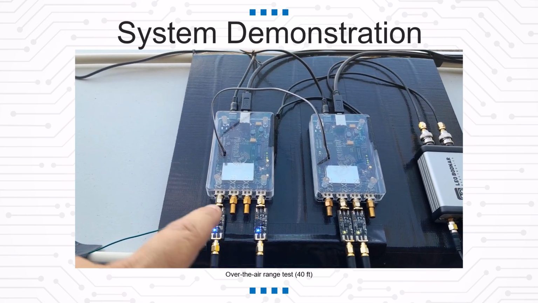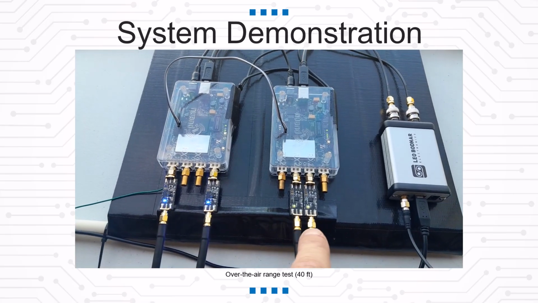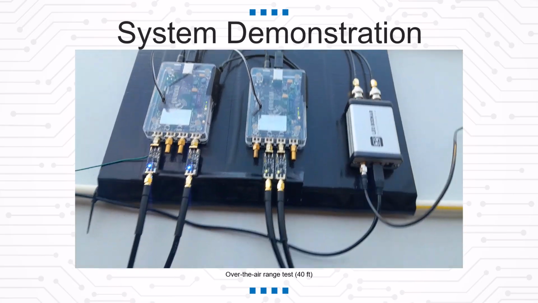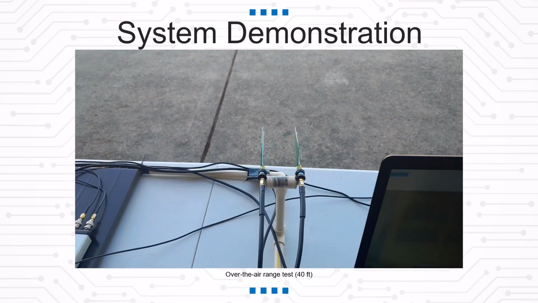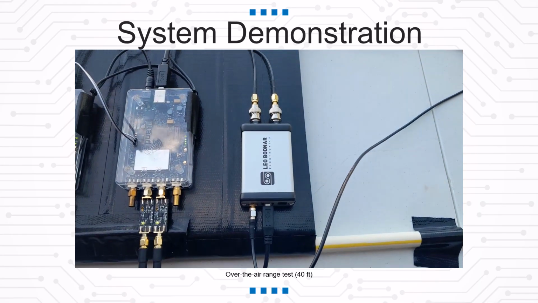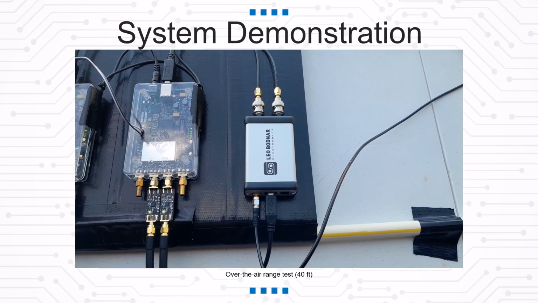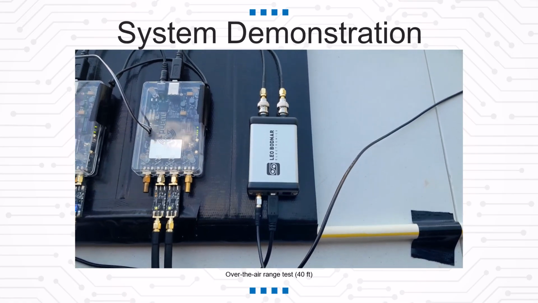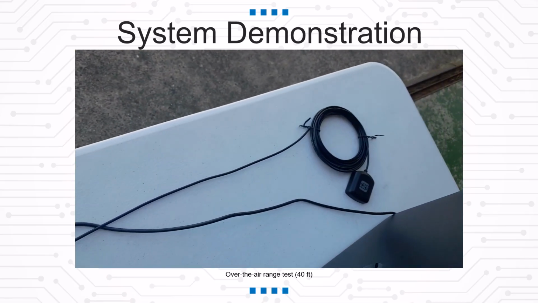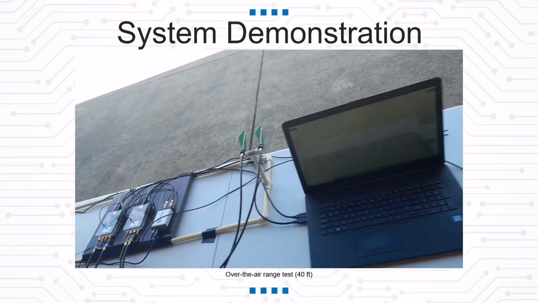We're using 2 power amplifiers on the transmit side, 2 low noise amplifiers on the receiver side, and we have the receive antennas. And this is a GPS reference clock, and the antenna for the reference clock is over here, and it is locked onto a satellite.